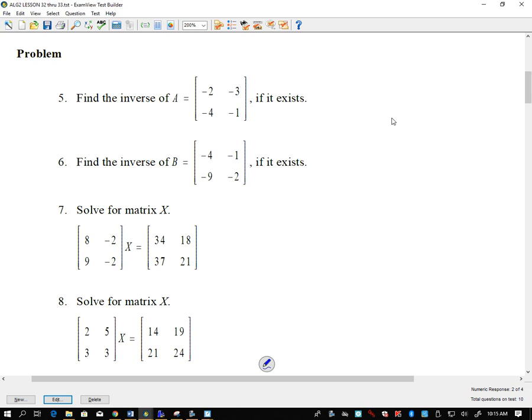All right, so let's find out what the determinant of A is. Okay, what's -2 times -1? 2. Okay, 2 minus. And what's -4 times -3? Okay, so positive 12. So we have 2 minus 12, which is what? Okay, negative 10.